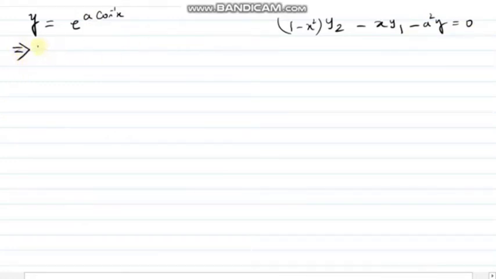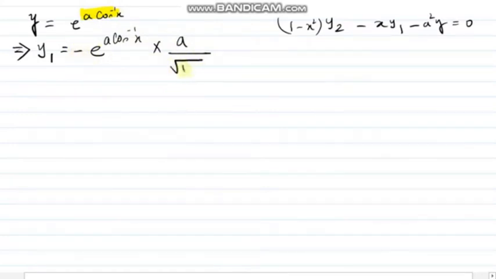First, if I differentiate it with respect to x, d/dx of y is y1. By the chain rule, e to the power a cos inverse x into d/dx of a cos inverse x, a is a constant, and d/dx of cos inverse x will be minus of this thing, right?